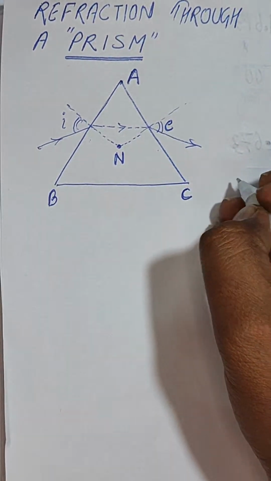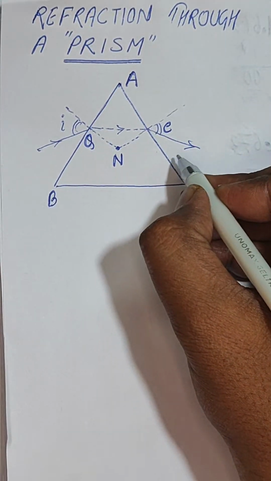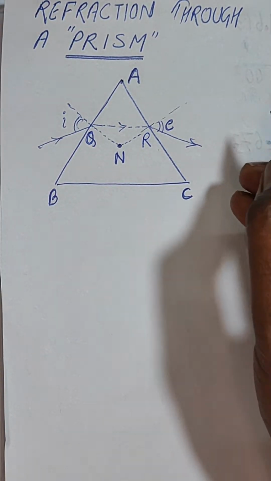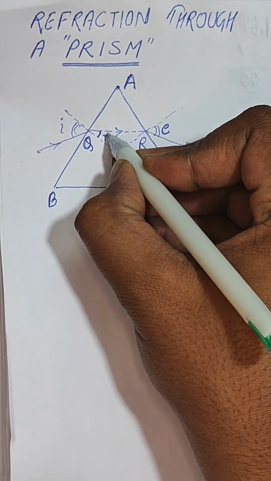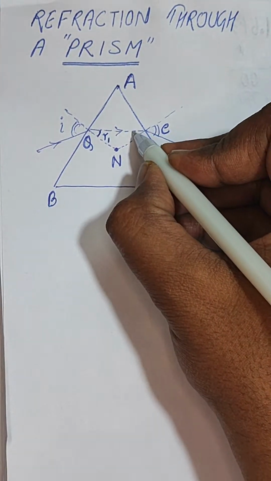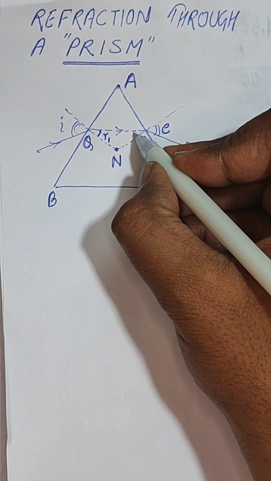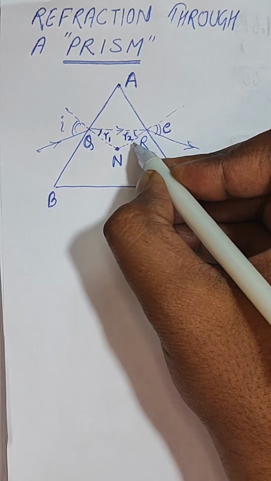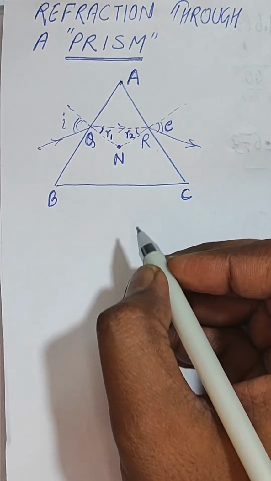Here Q, and let us say this is R. This angle is R1, the angle of refraction at surface AB, and this is R2, where R1 and R2 are the angles in the denser medium, because this is a glass prism.